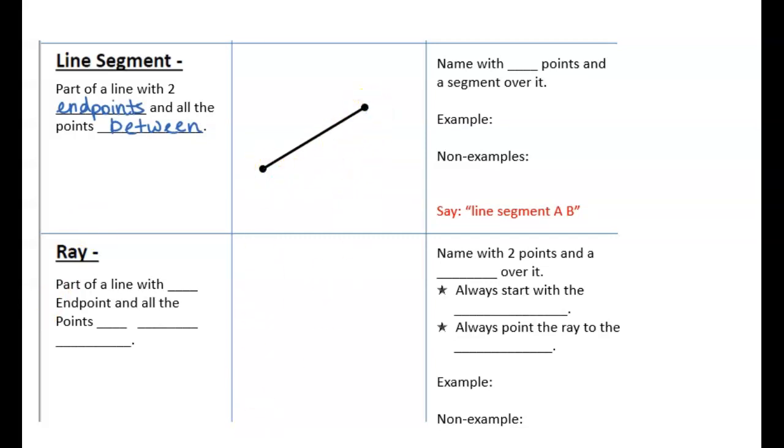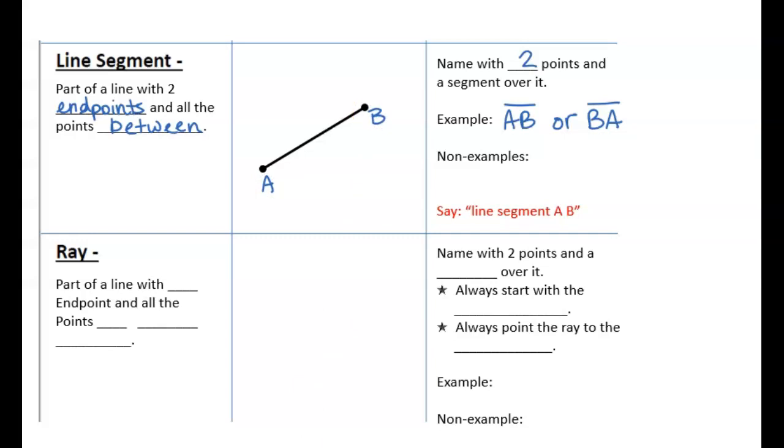So we want to name a line segment with 2 points and a segment over it. So an example might be that I'm going to call this segment AB. I could also switch around and call this segment BA, as long as the endpoints are point A and point B.